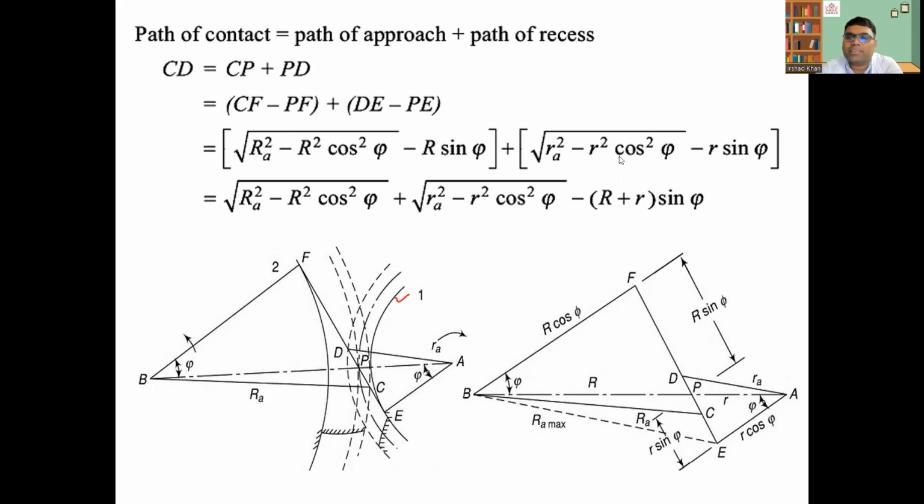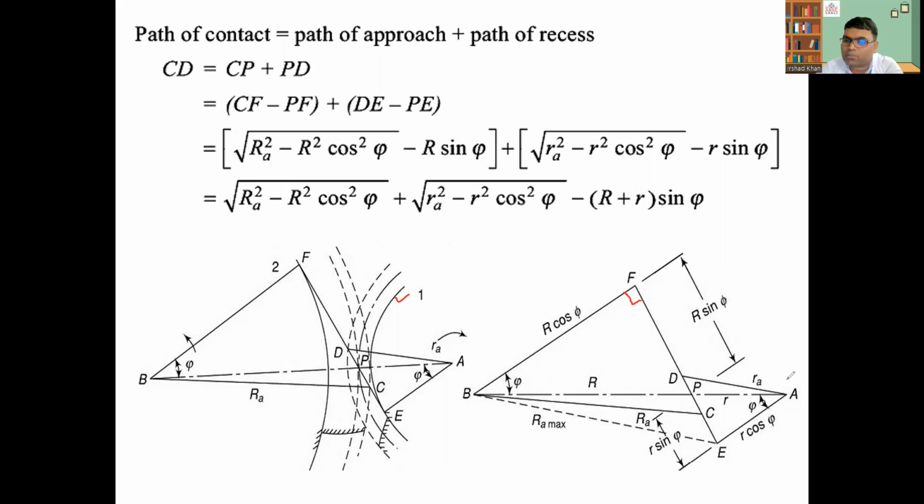Here for CP, this is the perpendicular, and from B to C this is R_A, which is the hypotenuse. So we can write the square root of R_A squared minus R squared cos squared phi, minus PF, which is R sin phi.